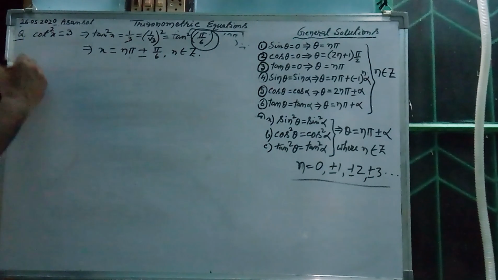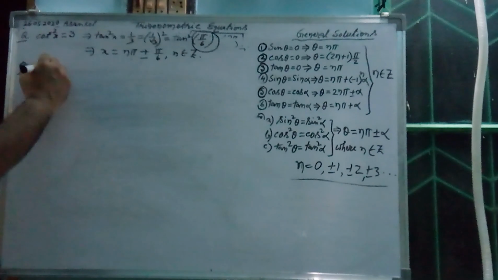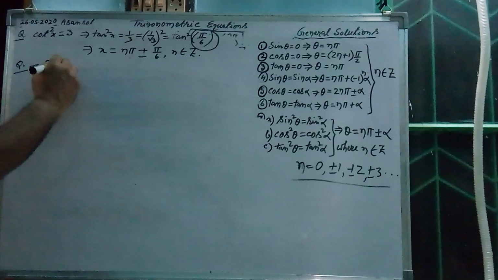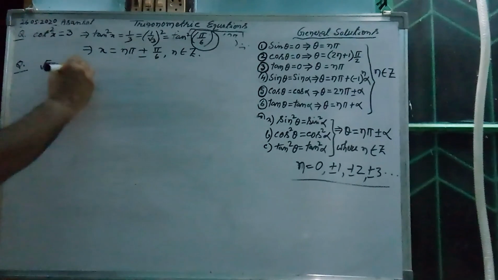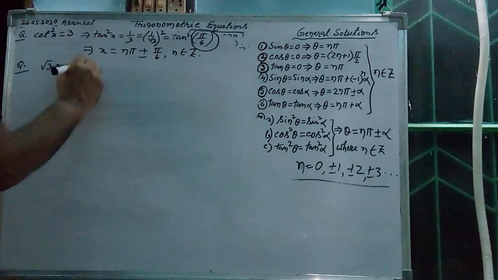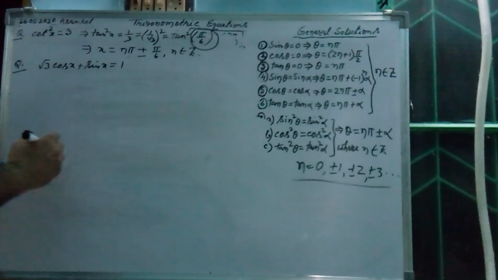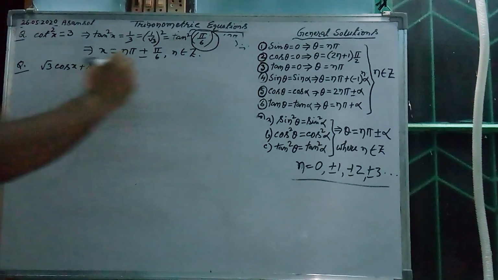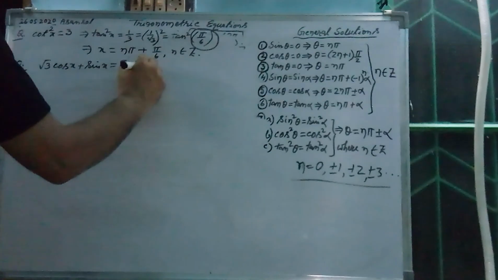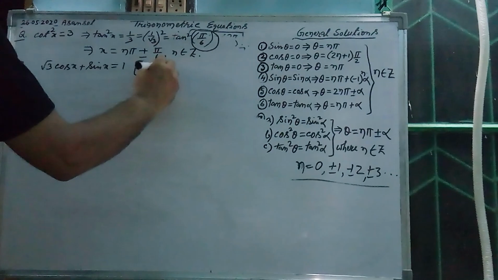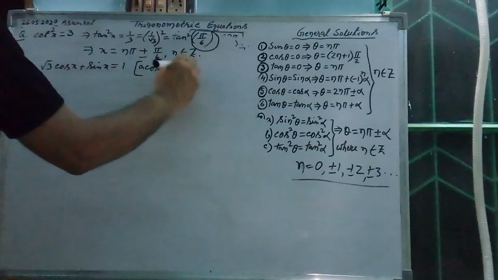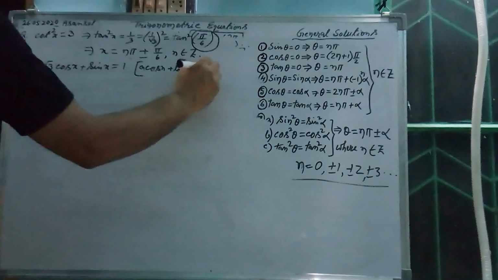Suppose it is given root 3 cos x plus sin x is equal to 1. See the form. It is in the form of a cos x plus b sin x is equal to 1.